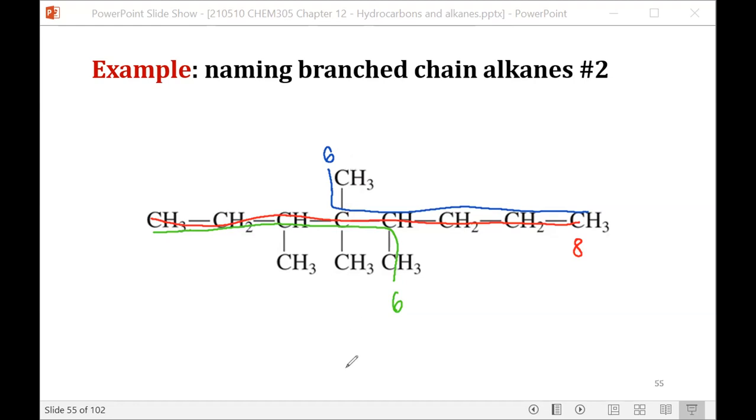So that would also be 6. Let's try one more. If I start here, go all the way across and then go down here, that'd be 1, 2, 3, 4, 5, 6, 7. So far I've tried quite a few. 8 is the longest, so I'm going to stick with 8.